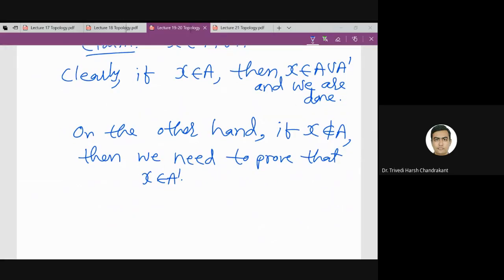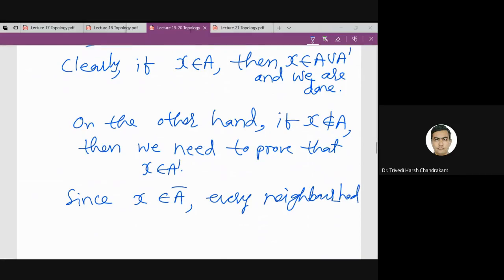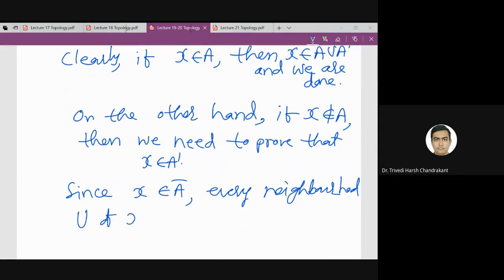Again we will use the result that X belongs to A closure. Since X is in A closure, every neighborhood U of X, where neighborhood means open set, intersects with A.